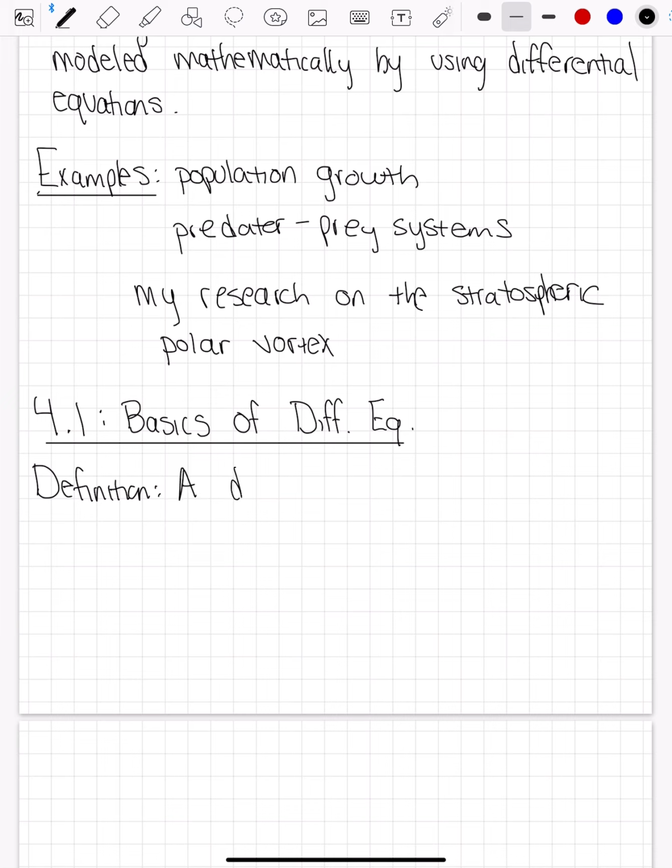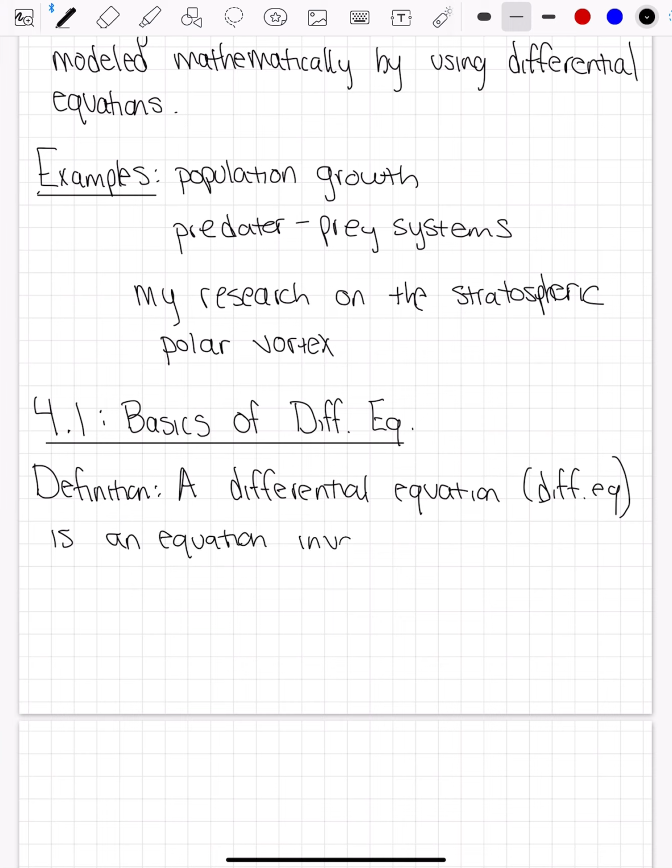A differential equation, or diffie-q, is an equation involving not only a function y, which when you're talking about a differential equation, the function y is what we solve for.